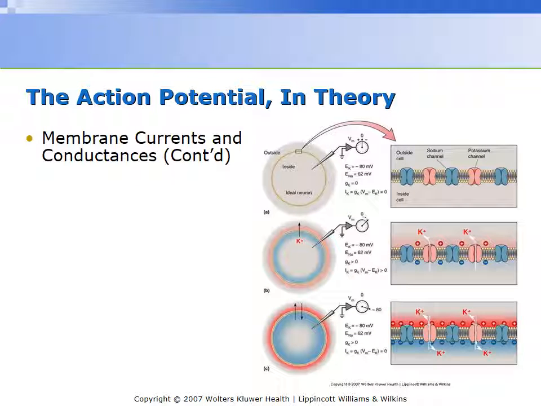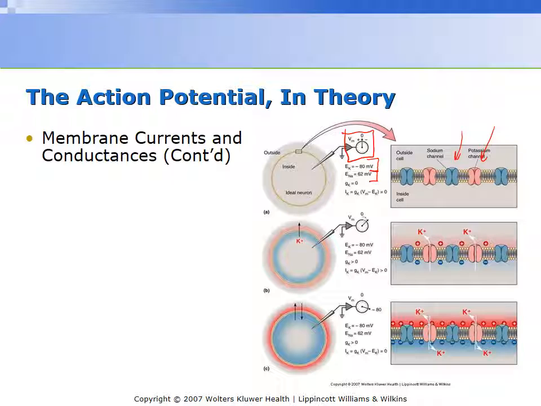As we stated already, this is a model neuron, and in this case we only have sodium and potassium channels, and both of these channels at this given point are closed. Even though we have the potential for potassium being minus 80 millivolts and for sodium being 62 millivolts, because there is no open gate for any of the ions, there is no net flux, and therefore our voltmeter would read 0, no potential, right?